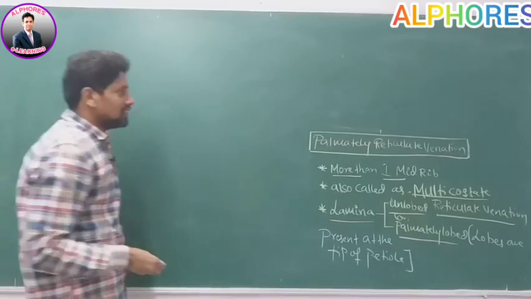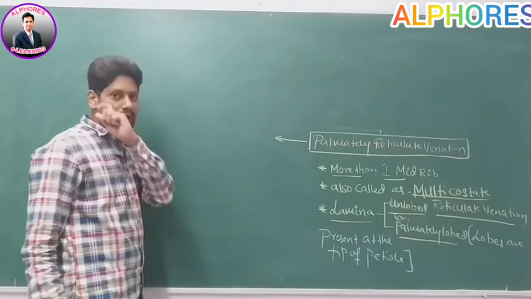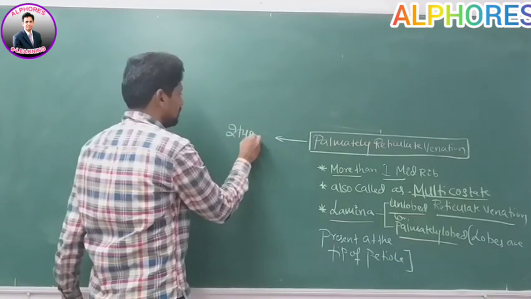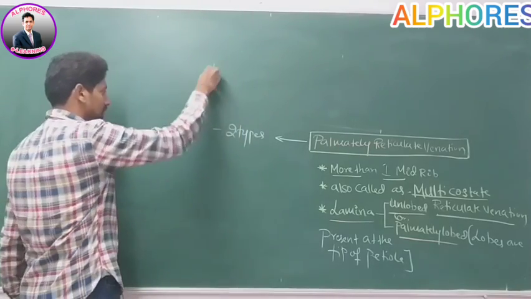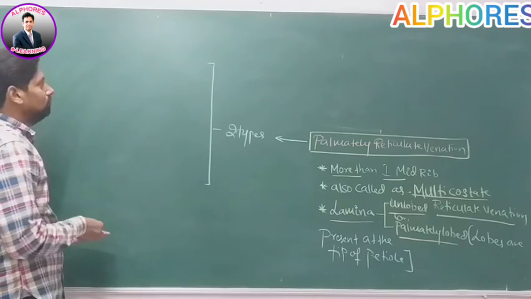Listen here. Sir, we are discussing palmately reticulate venation. Sir, this palmately reticulate venation is of how many types, sir? Two types. What are they? Number one, convergent. Number two, divergent.